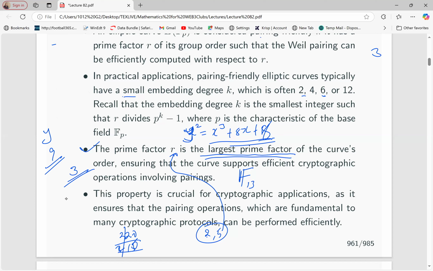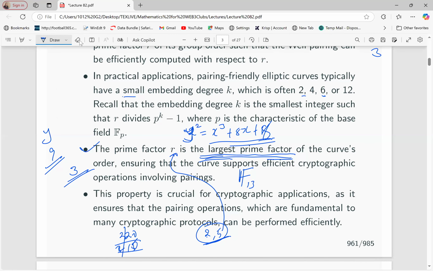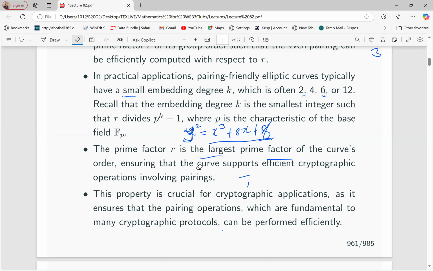But for this case, you can see we have 2. There are cases where we can even have 3 or 4 or 5 prime factors. But our R is always the largest of them all.